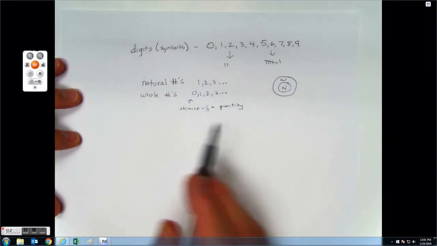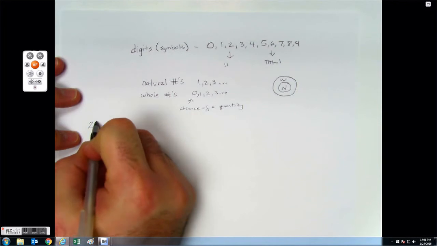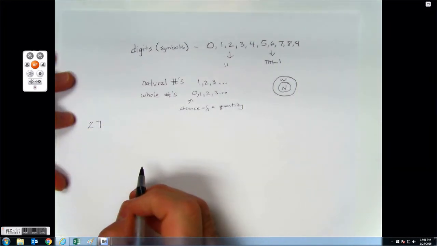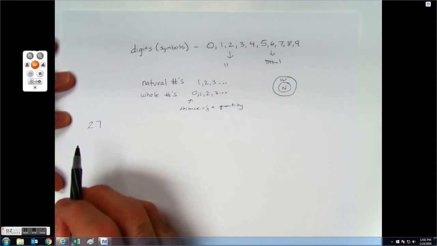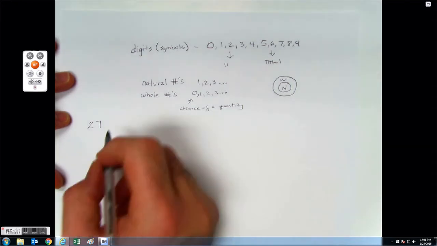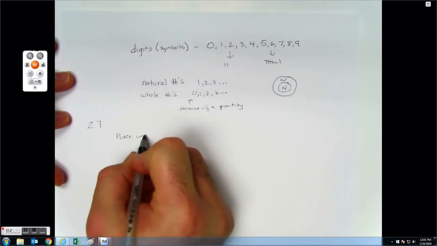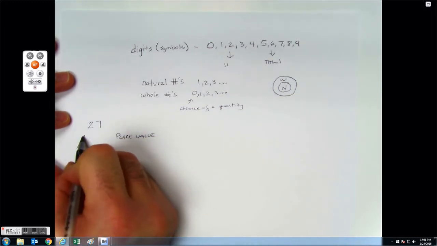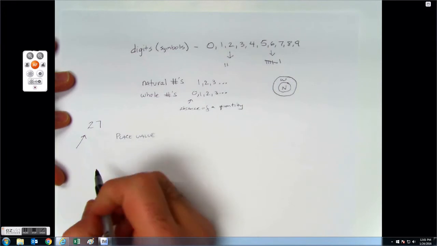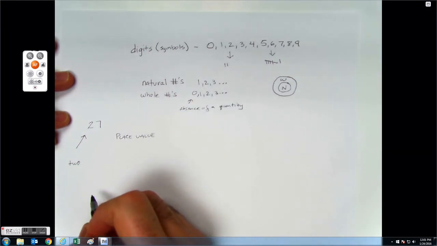Okay? Alright, let's look now. We take these digits to form numbers. Let's take two of them. Let's take these two digits here, and we form a number. So in our system, this has meaning to us, specifically because of a concept we call place value. I'll ask students, I'll point to this in class and say, hey, what number is this? I have students tell me this is the number 2.